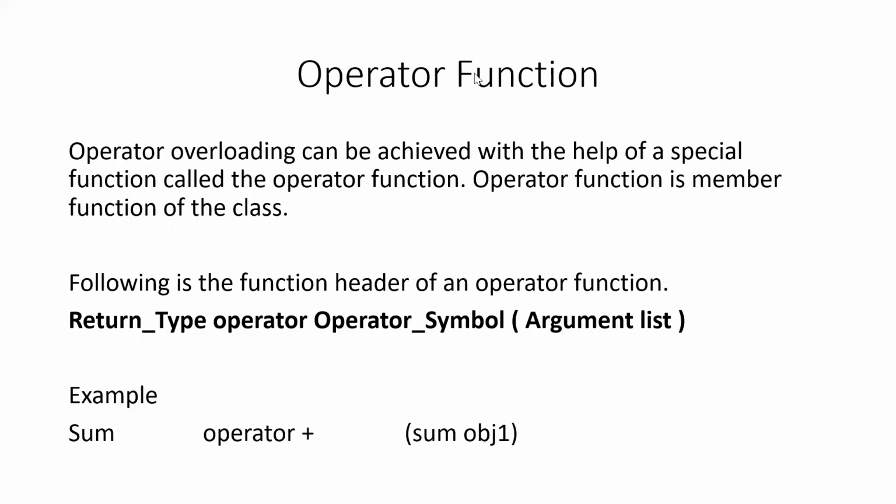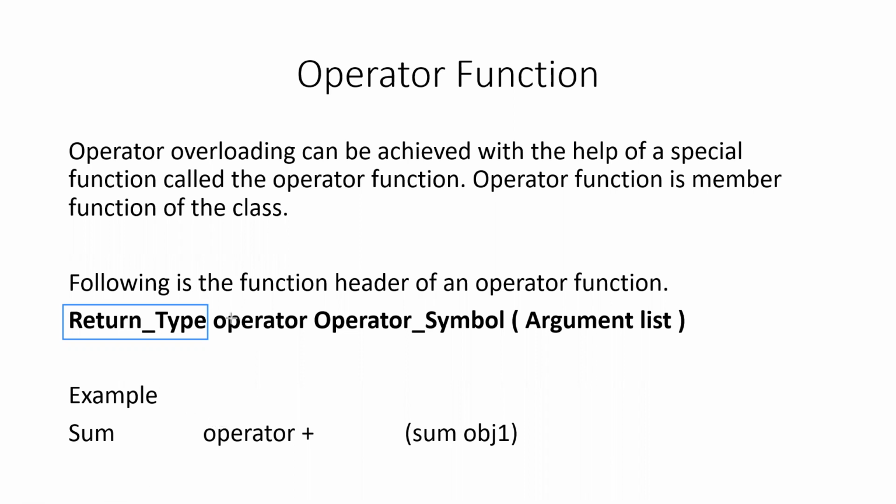Because it is a function, the basic syntax of writing the function will still stay the same. Let's have a look at how we can actually write an operator function. The operator function, just like any other function, will have a return type. Generally, the return type of a function is the object of the class itself, but it can also be any inbuilt data type like integer, float, or character.